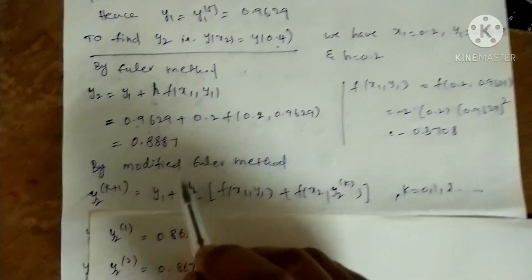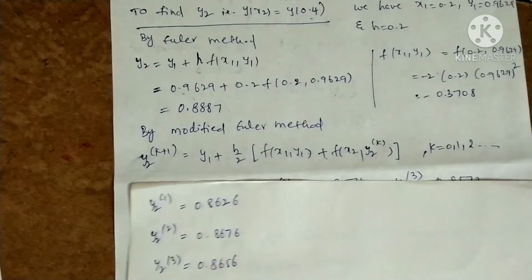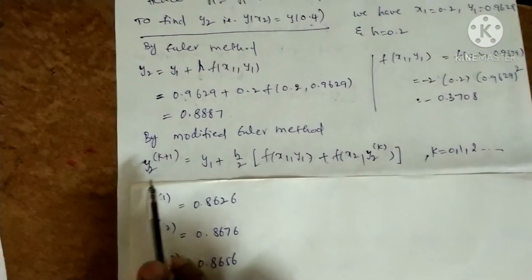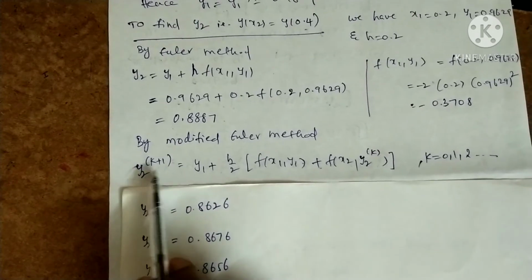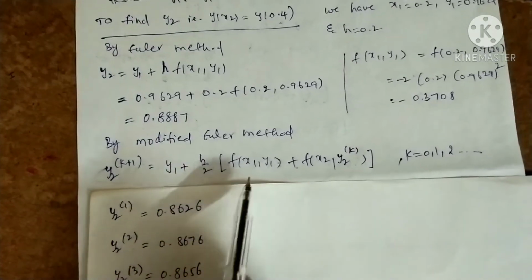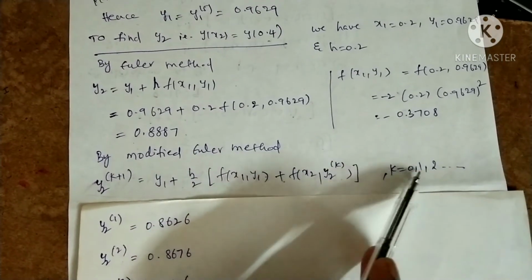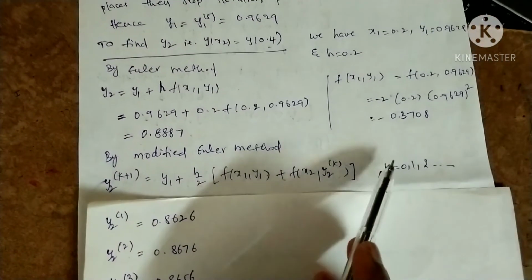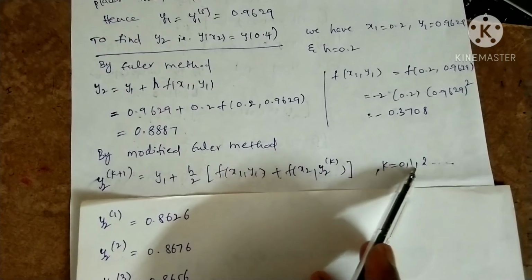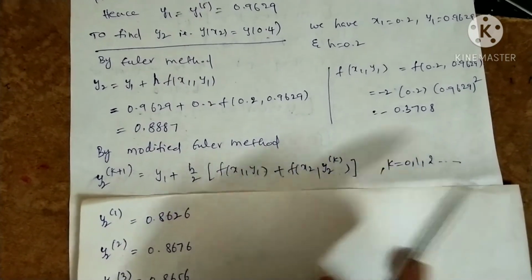so that we are going to get y2 as 0.887. Now this value is to be improved by the modified Euler method, for which we can take the iteration formula y2^(k+1) equal to y1 plus h by 2 into f of x1, y1 plus f of x2, y2^(k). k takes values 0, 1, 2, 3 and so on. For k equal to 0 we get the first iteration, for k equal to 1 we get the second iteration and so on.